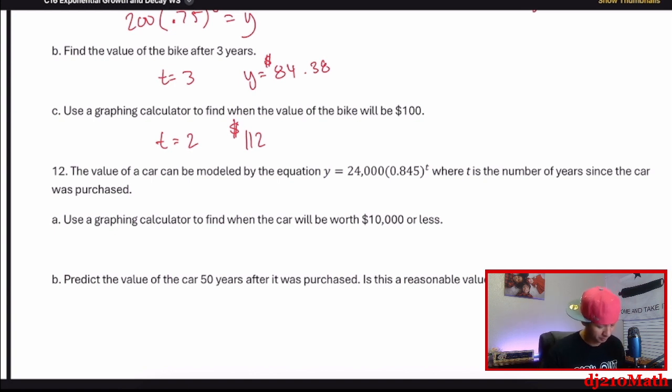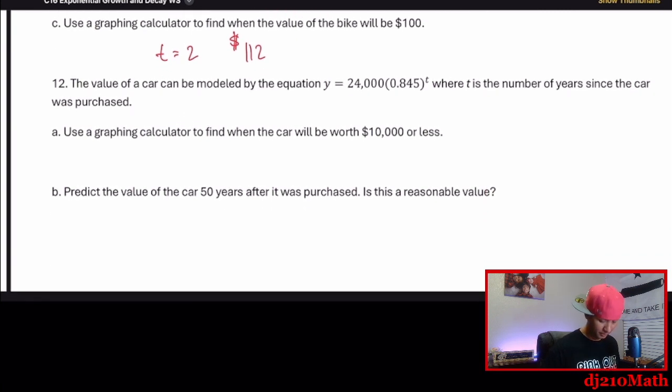Right, it's close. I mean, could you narrow it down to the exact month? Yeah, probably. But the calculator only gets you, well, you have to interpret it, I guess, more precisely, but we can call it good here. This is good. All right.